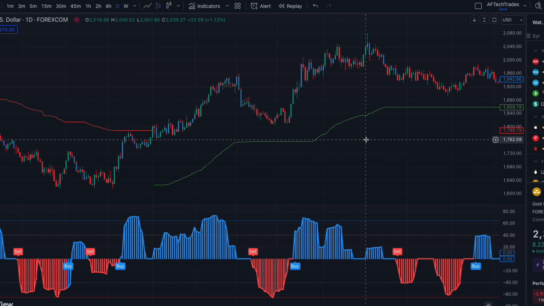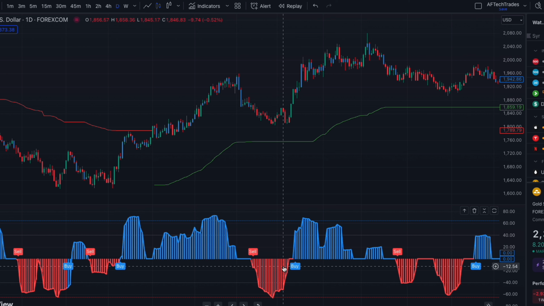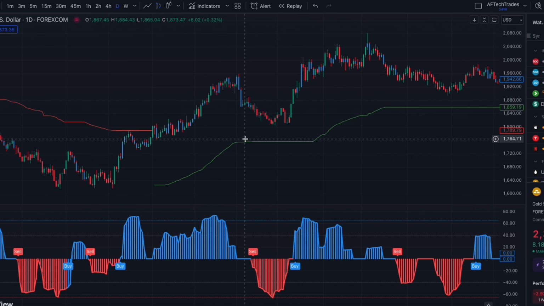So now, after successfully adding our indicators and doing the appropriate settings, the strategy behind this particular indicator is that once a sell or buy signal triggers below here, you are not just immediately taking the trade, right? If a sell signal triggers below here and you can see that this line here is green, then you are not taking that sell.